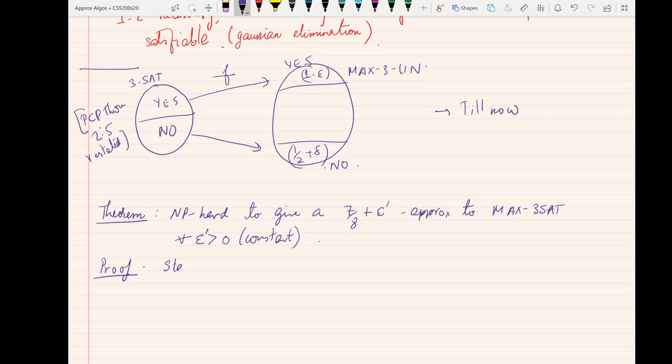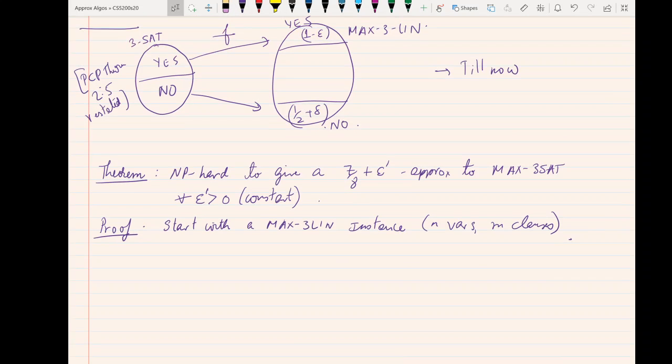So you start with a Max 3-Lin instance, and let us say it has n variables, m clauses. And what we are going to do is a direct reduction to 3-SAT, Max 3-SAT actually. So here's my 3-Lin instance, and you have a clause or an equation in that of the form xi1 XOR xi2 XOR xi3 is equal to 1.